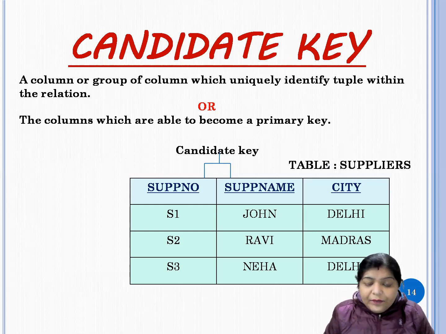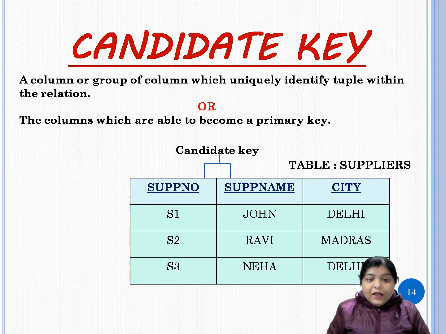Now see here, if I'm saying the supplier name, here John, Ravi, Neha. So they are all different. Sometimes there can be columns such that when combined together, they uniquely identify the row from the table. So that becomes a candidate key.